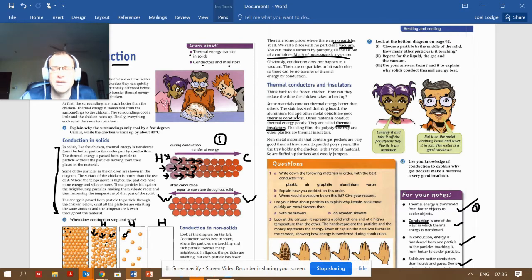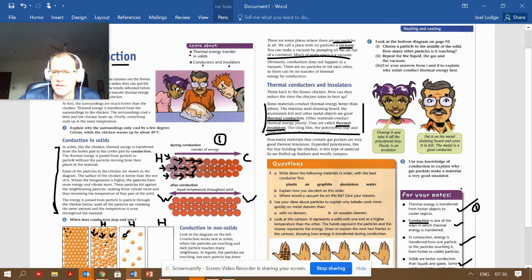A thermal conductor would be stainless steel or copper, and a thermal insulator might be wood or polystyrene. Those are the keywords, and they should be in your notes.